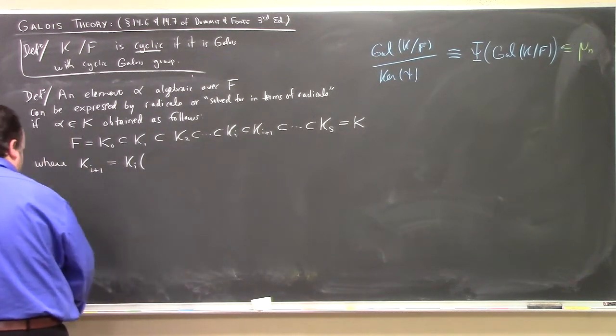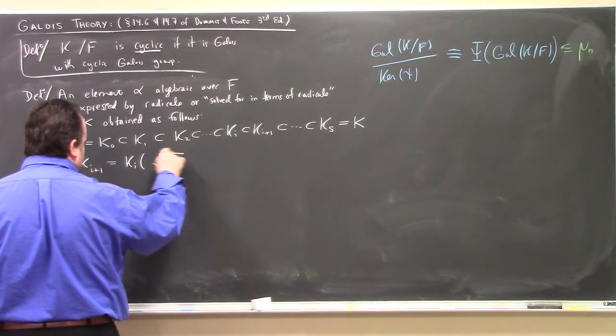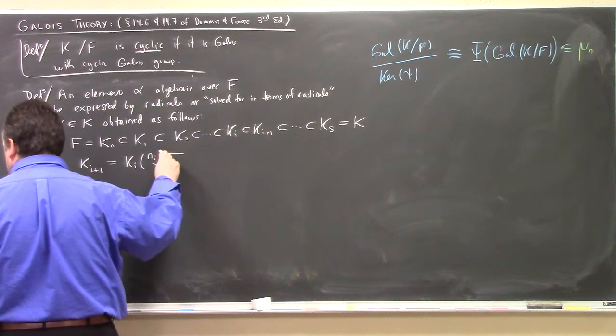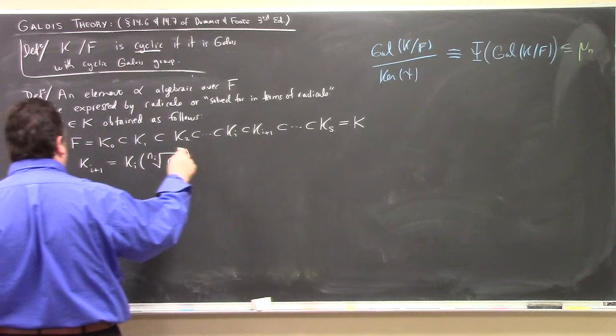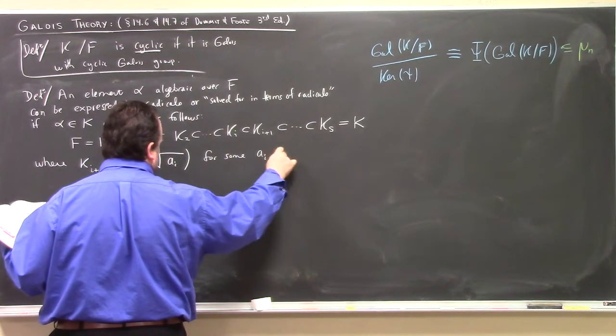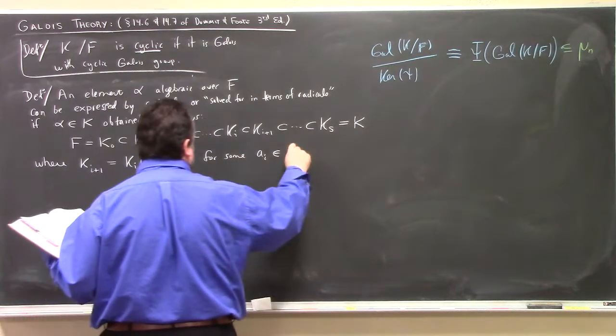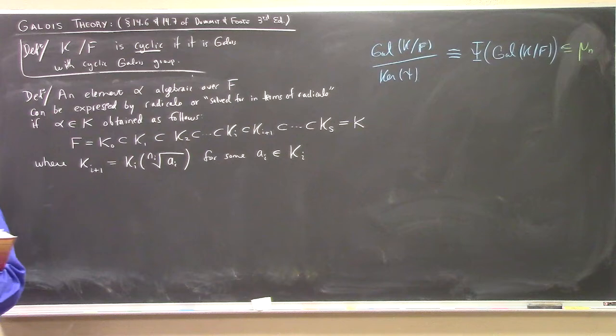We allow for n to vary, n sub i, the n sub i-th root of a sub i, for some a sub i in Ki, for i equals 0 to s minus 1.